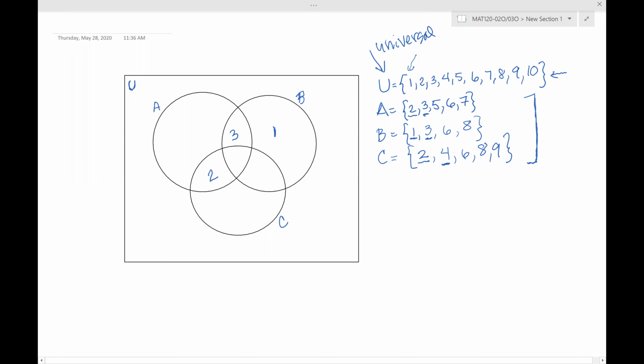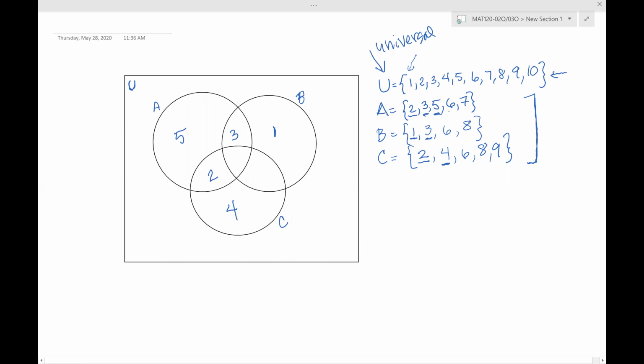I only see C having 4. So again, if it's not shared with any other circle, the A or the B, then we're going to put that in the larger portion of that C area where it doesn't touch anywhere else. And we're going to look at 5 now. 5 I only see in A. So I'm going to place that over here in A in that same isolated area where it doesn't overlap with B or C.